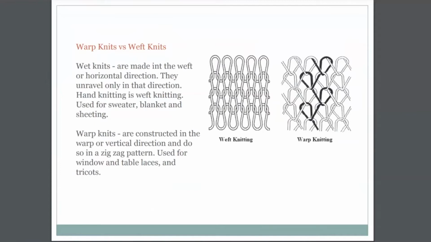So for interior design, where might you see a weft knit? Well, we'll look at a couple examples. Definitely when we see those very chunky knitted throws or blankets, those are knits. And for sheeting, we talked about sheeting in terms of woven sheets and thread count, but sheeting is also used in jersey sheeting, which is actually a weft knit.